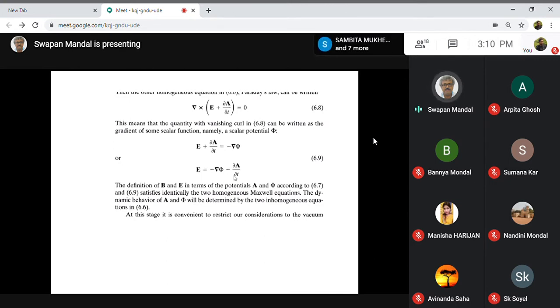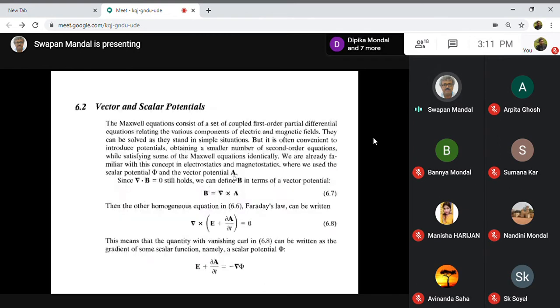So how to solve for the vector potential and scalar potential? In order to solve these two things, we have to rely on the two inhomogeneous Maxwell's equations, because you know that I have already used the two homogeneous equations.